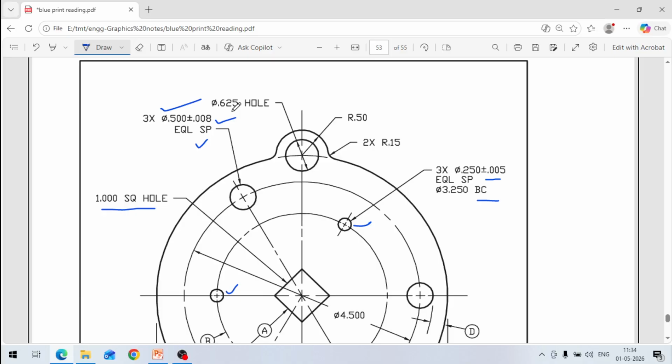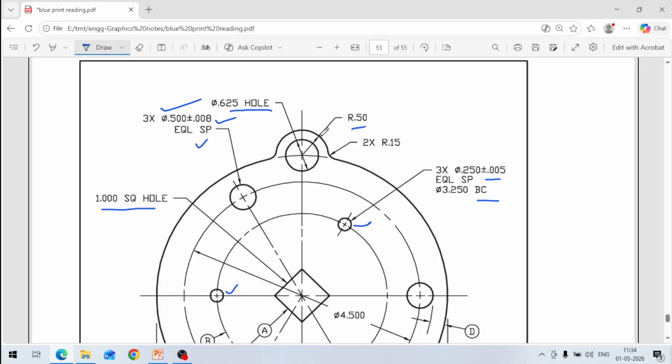One diameter is here, one more diameter is there. This hole is 0.625 inch. It is on the vertical line, 0.625 inch. This hole is given, and then this radius R 0.5.